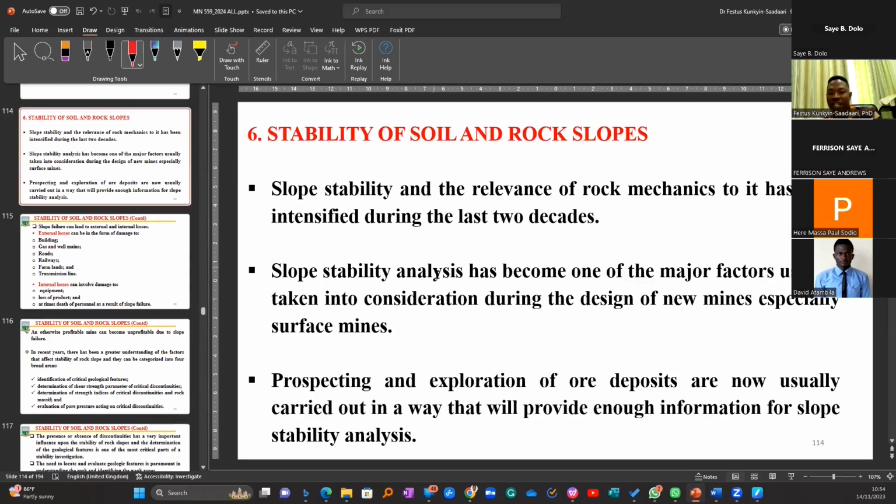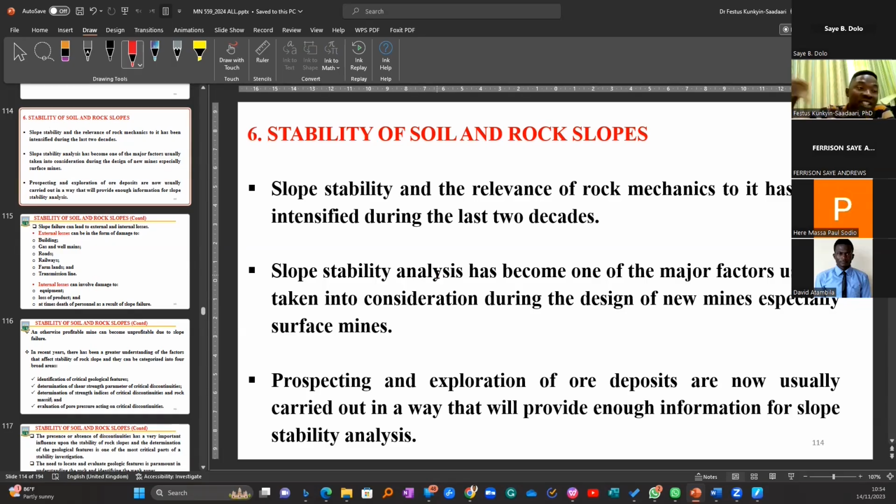All right, so our last thing for the day is to have a look at stability of soil and rocks. We will go halfway through this material. So you realize that all throughout our activity in the mine, I don't think there is one section in a mine where you don't see what the layman will see as a hill.